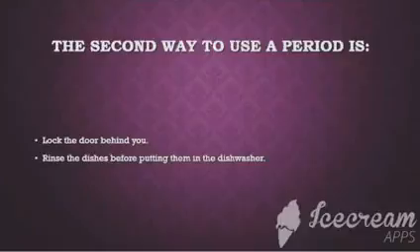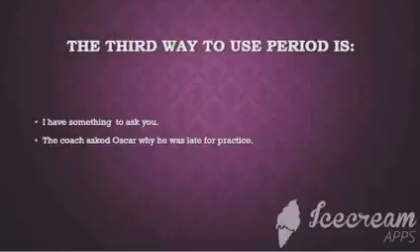Okay, we had a third way to use a period. I can show you. And in this case, I think that it is really easy. The third way to use a period is that periods can also be used at the end of a sentence that contains indirect questions.